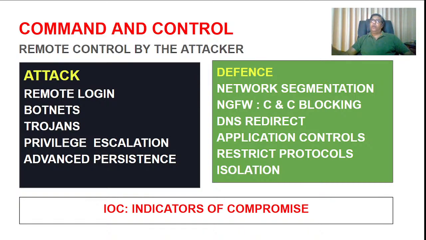Restrict certain protocols. You don't need them. Most protocols are there in your system by default. Protect your system by disabling the protocol and isolate certain machines, certain systems. Your IoT network should not be connected to your ERP network. The IoT is outside your organization.